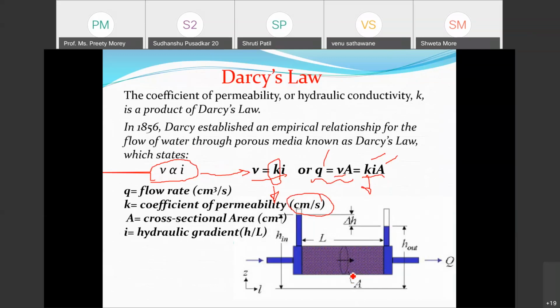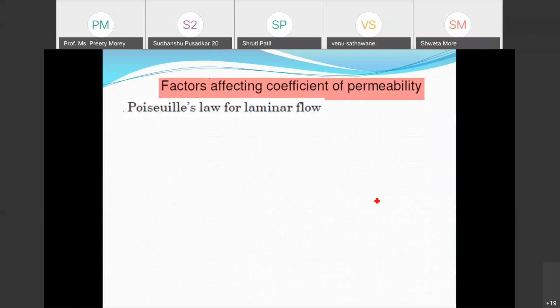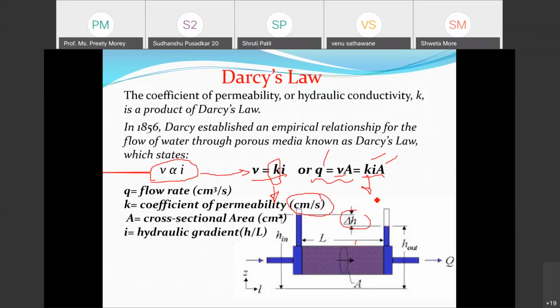This is the same figure replotted here, indicating that delta H upon L is your i. If I put that value, I will get the coefficient of permeability. This simple principle is used directly in a few GATE problems, which are based upon this fundamental figure.